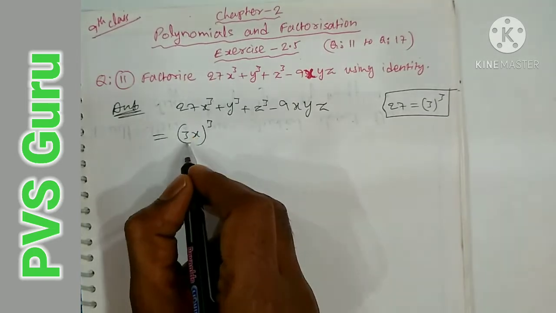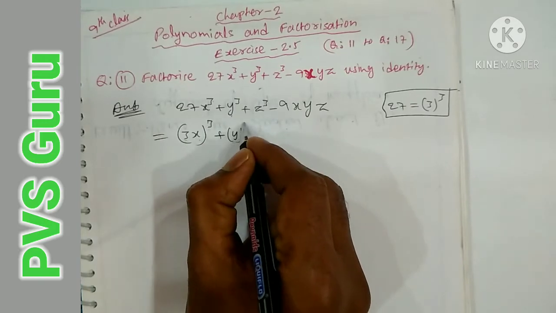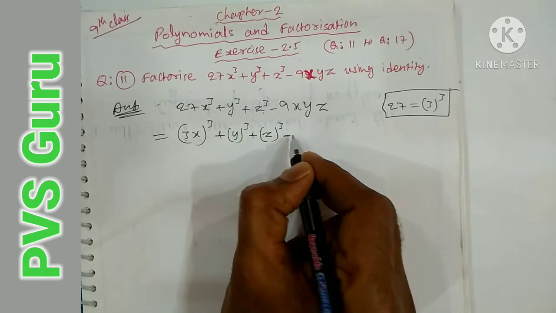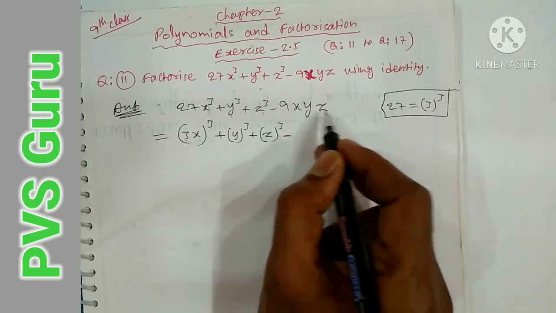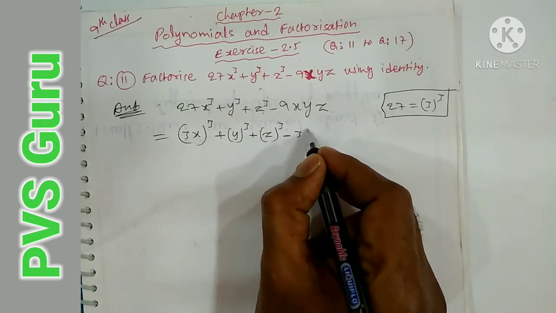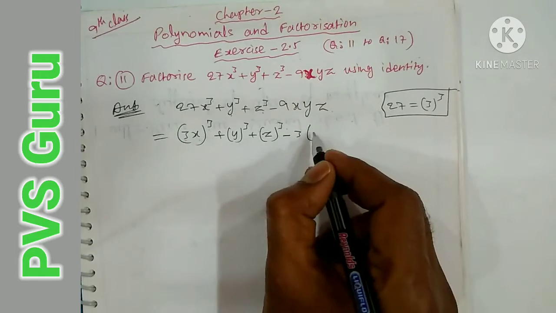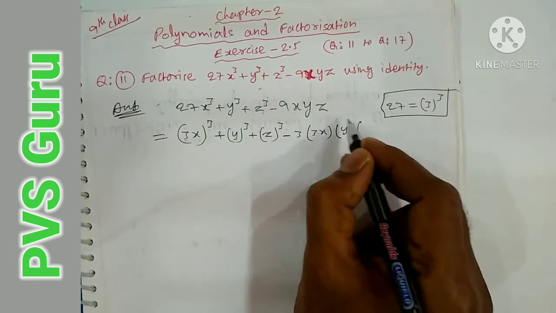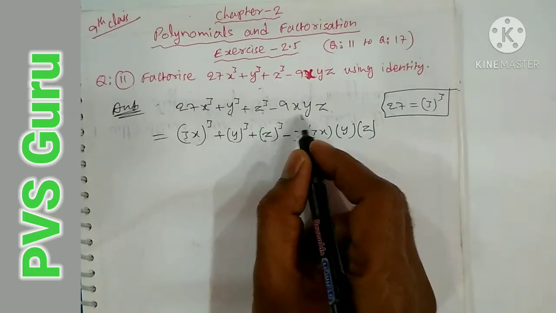So 3x power 3 plus y power 3 plus z power 3 minus 9xyz. Here you write 3xyz as 3 into 3x, y is y only, z is z only. Now 3 threes are 9, so 9xyz.